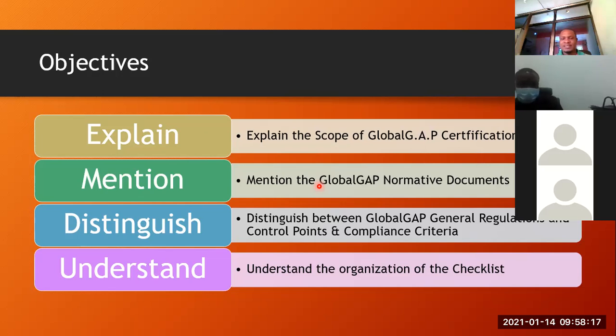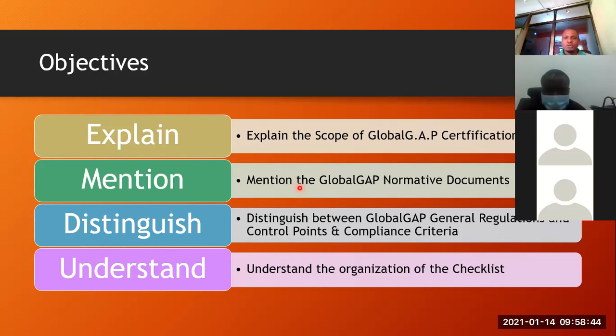So you should be able to explain what it covers, what it doesn't cover. You should be able to mention the GlobalGAP normative documents. You know that certain documents are normative when we are talking about GlobalGAP. So you should be able to know those normative documents.